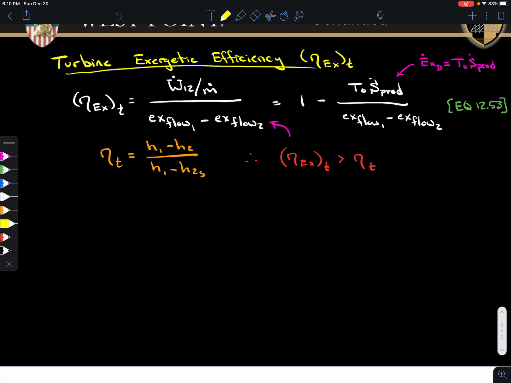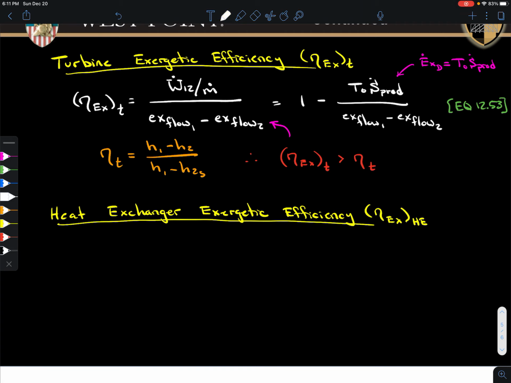And then, shifting gears, let's identify one of the performance terms for a heat exchanger, exergetic efficiency. So exergetic efficiency of a heat exchanger, we've got eta.